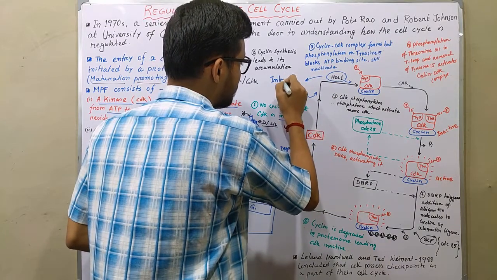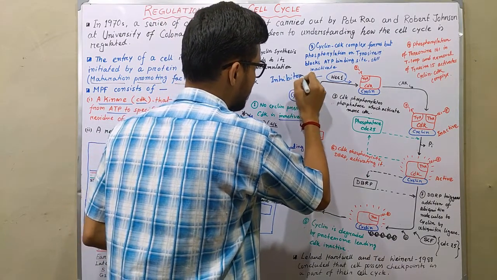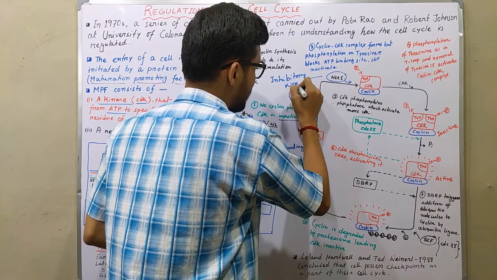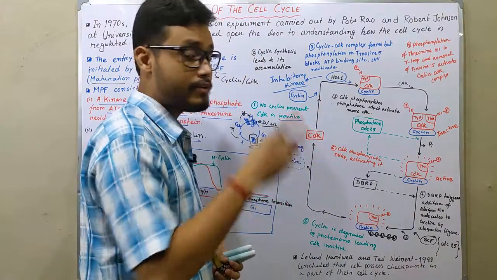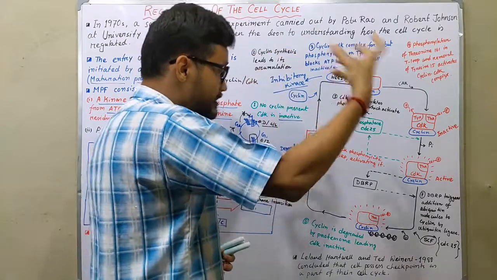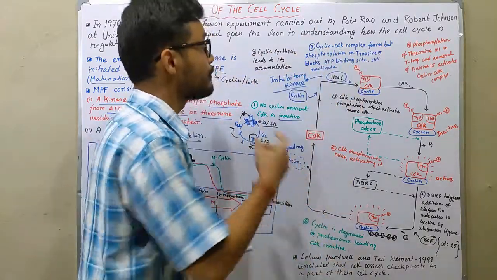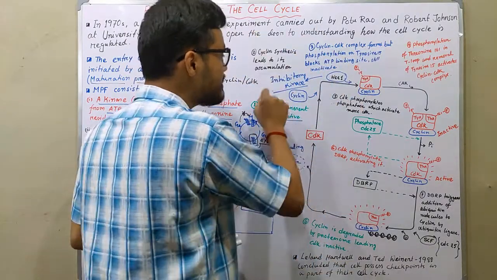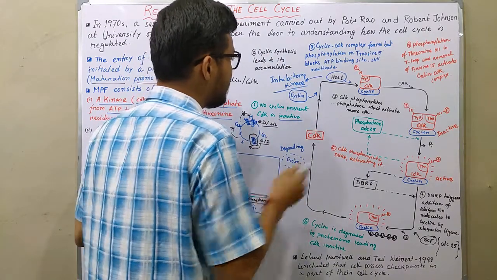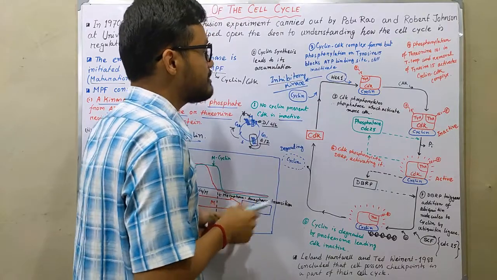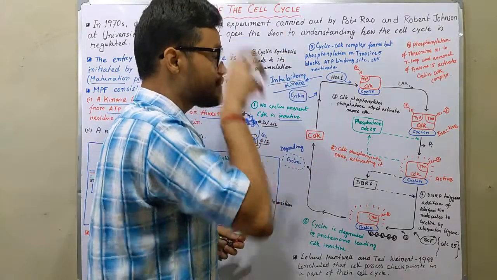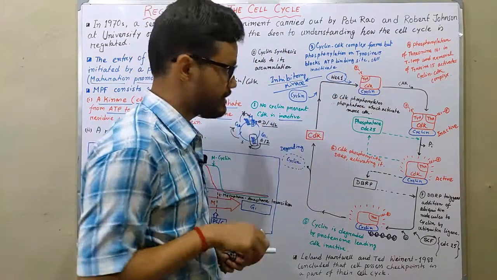First of all, it is a kinase, that means it transfers phosphate from ATP to a specific serine or threonine or tyrosine residue. And next, it is inhibitory in nature. Inhibitory in nature means that when Wee1 is present, the whole complex is still inactive.